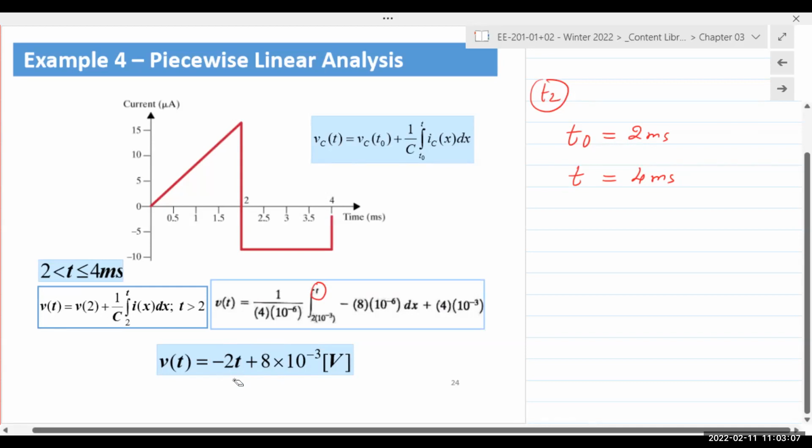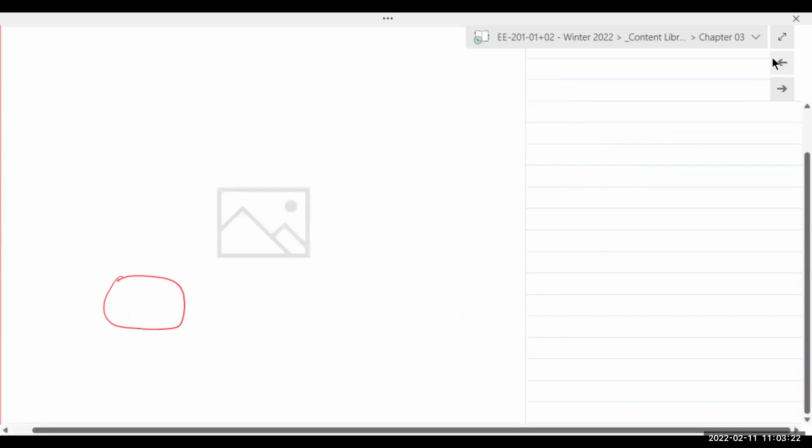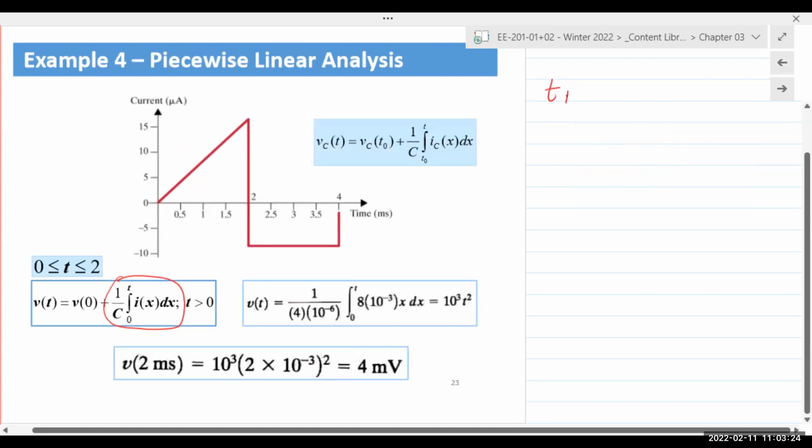Importantly, the beginning point is 2 milliseconds, but I have to add up the energy that was present at 2 milliseconds. So I go back to my first time period, T1, and I calculate voltage at 2 milliseconds.